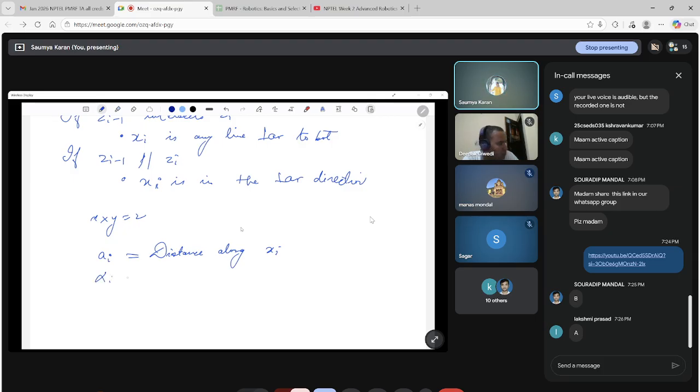Alpha i is the angle about x between the two revolute joint axes, or basically z-axes. di is the distance along zi minus 1, and theta i is the angle about zi minus 1.